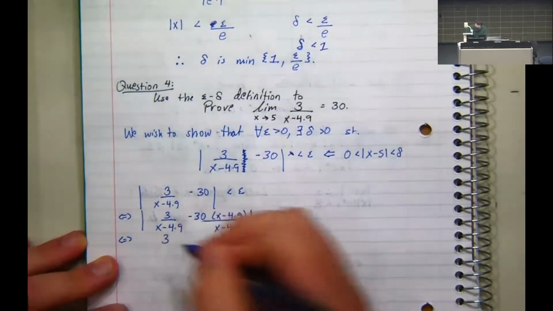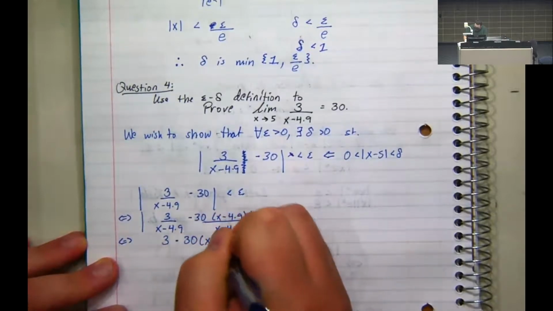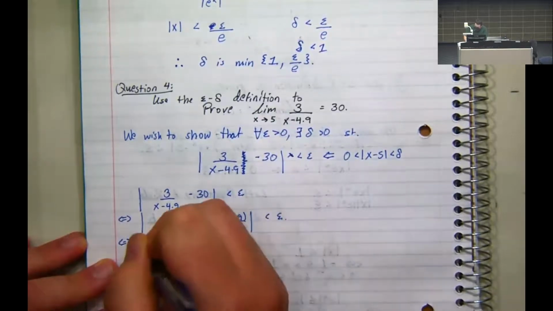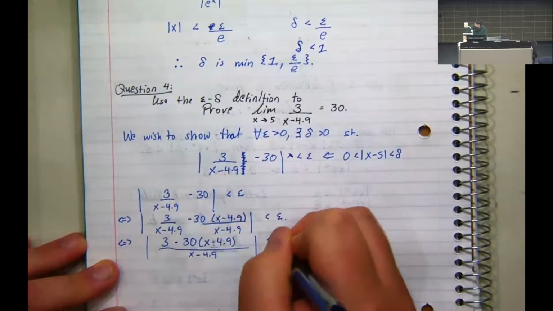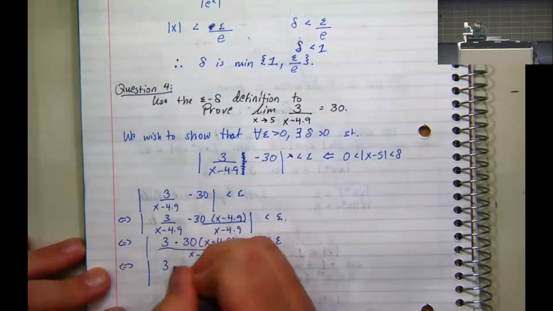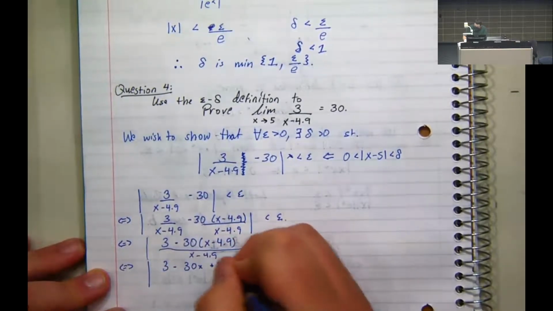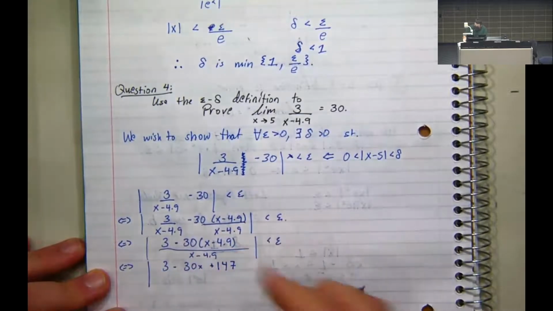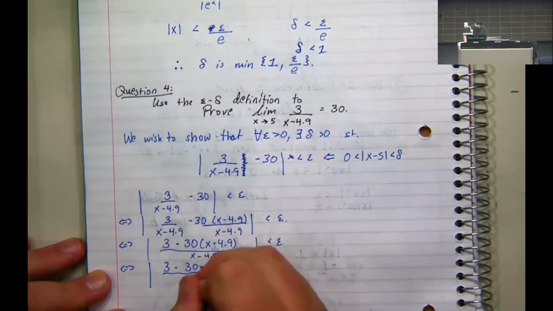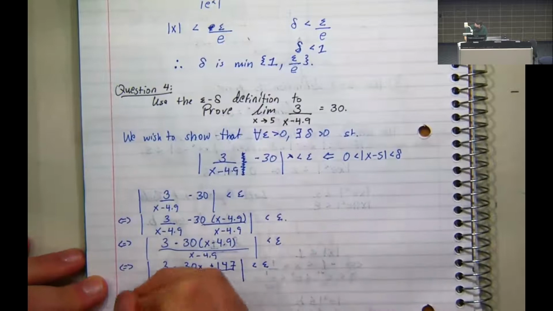So I have 3 minus 30 times x minus 4.9 over x minus 4.9 is less than epsilon, which gives me 3 minus 30x plus 147, which is 30 times 4.9, over x minus 4.9 is less than epsilon.